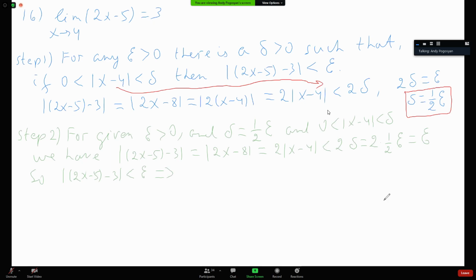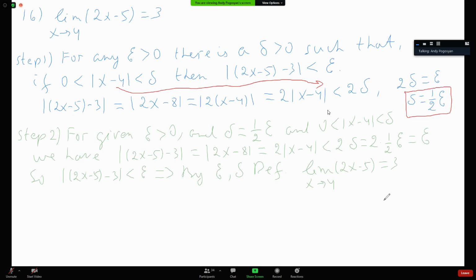implies, by epsilon delta definition, limit of 2x minus 5 equals 3 as x approaches 4.